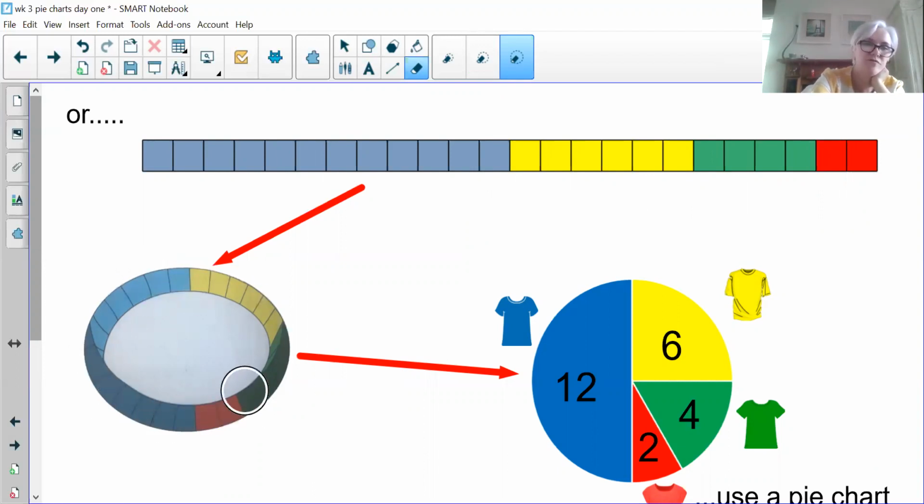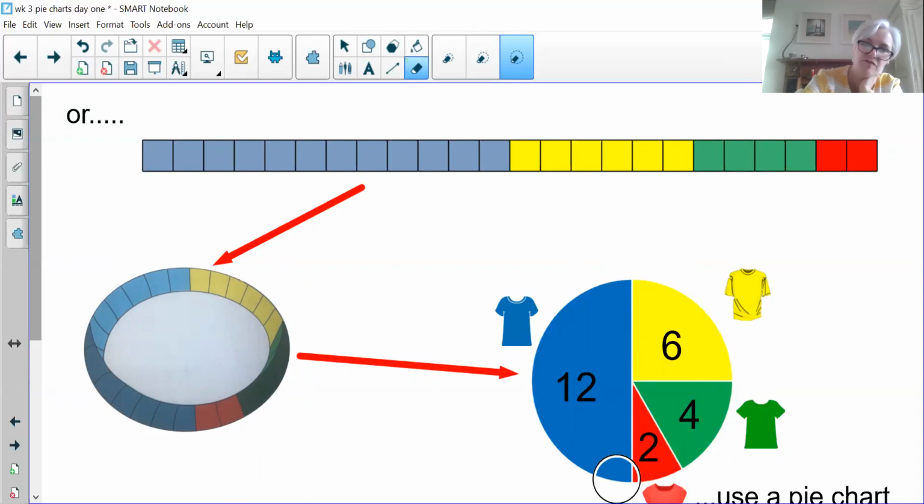Now, hopefully from this diagram, you can see that half of the people there are blue. And we know this because 12 out of the 24 in total that we asked were blue. So if we represent all of that information over here, this is our pie chart.